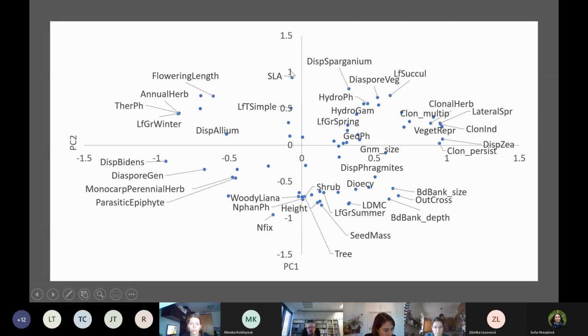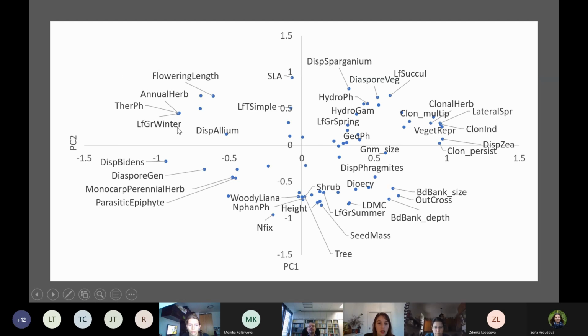Again, axis 1 separating more annual herbs from all of those clonal traits, and axis 2 separating big plants, trees, height from the small plants. Also SLA is here, LDMC is still here.